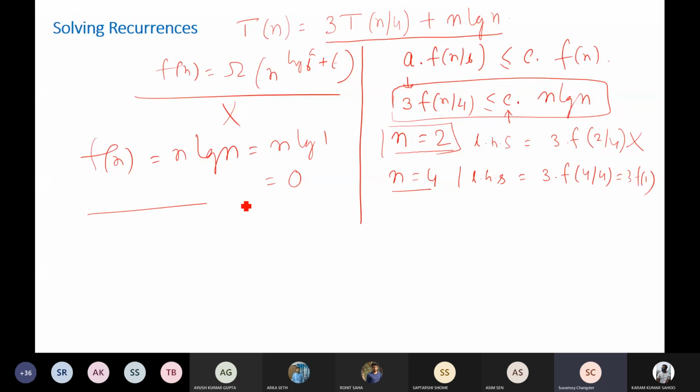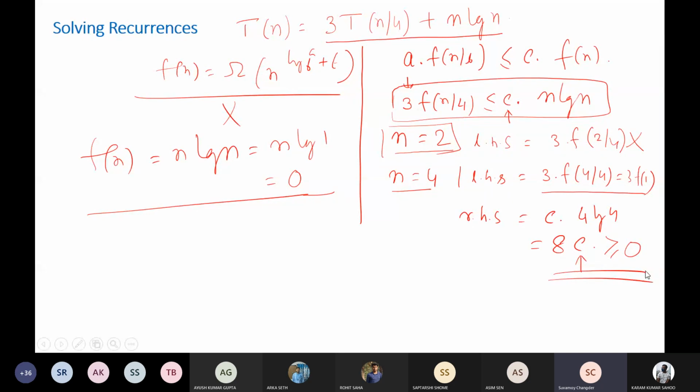Any value you get on the right hand side must be greater than or equal to this. For f of n equal to 4, the right hand side is some constant c into f of n, meaning 4 log 4, which is 8c. So for any value of c this must be greater than or equal to 0, which is not that convincing.